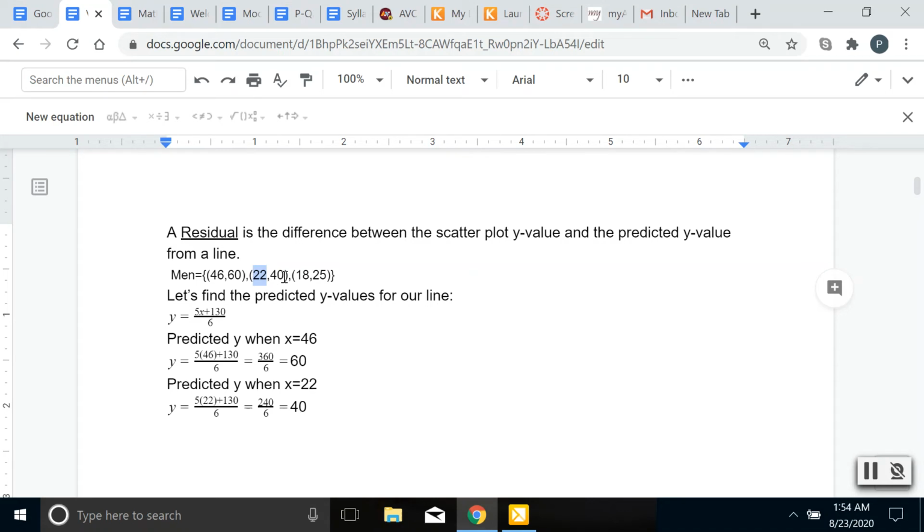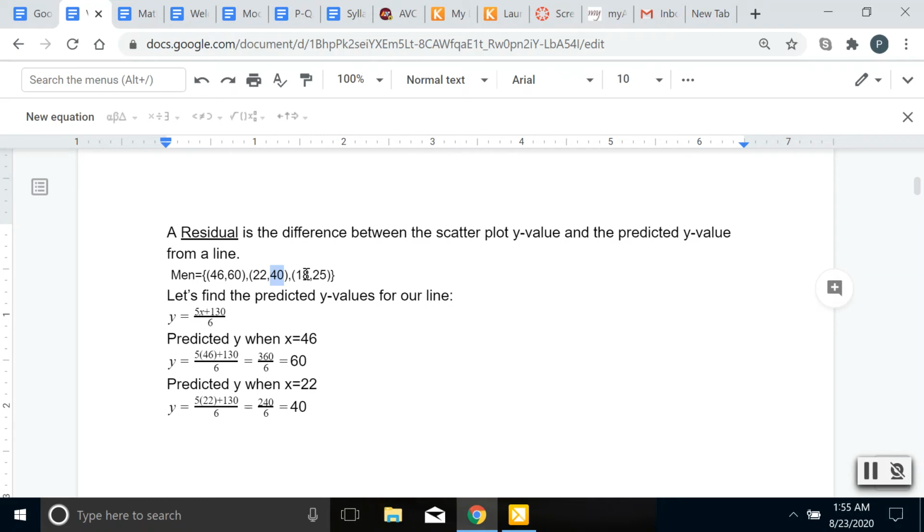And that corresponds with the scatterplot y value here. That's 40 also. And you might say, well, are they all going to be the same? Not necessarily. The way we created this line was as the line going through these 2 points. So of course those 2 points will be on the line, so that's why they're in perfect agreement here. But let's do 18 next.